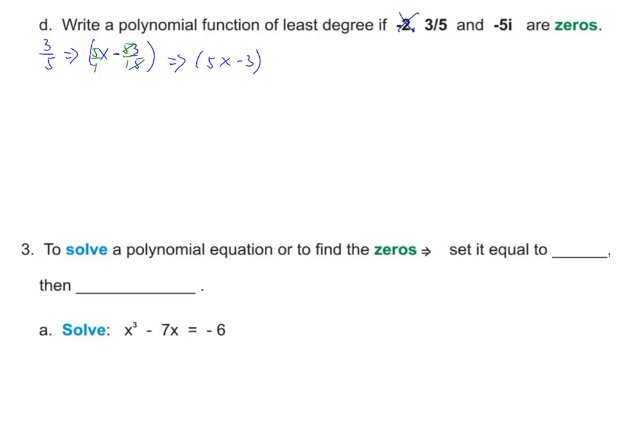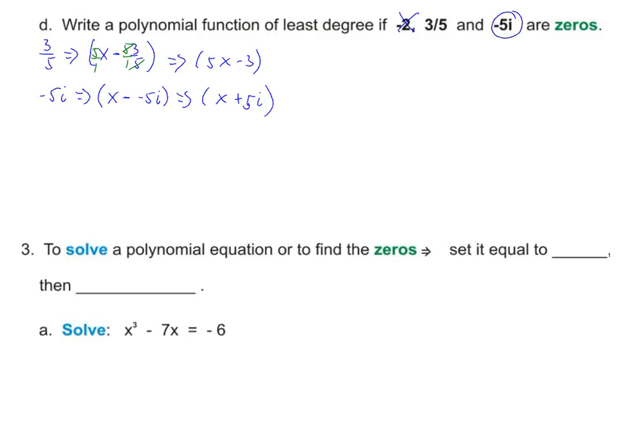Okay, in the second set, it says negative 5i are zeros. So now we have a negative 5i. Again, if I were to set the template, it's x minus and then minus 5i, for an x plus 5i binomial.